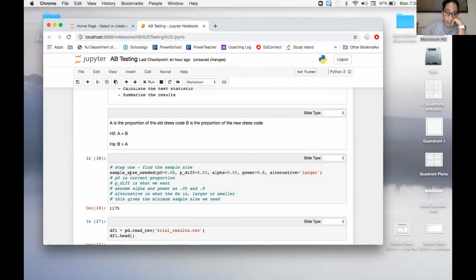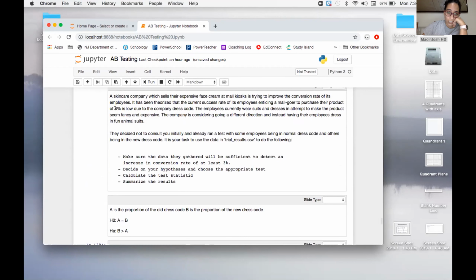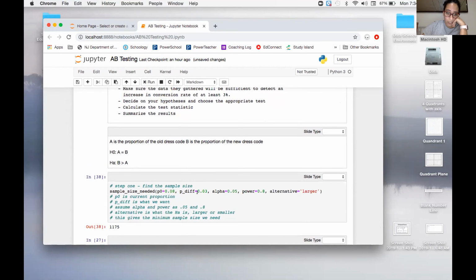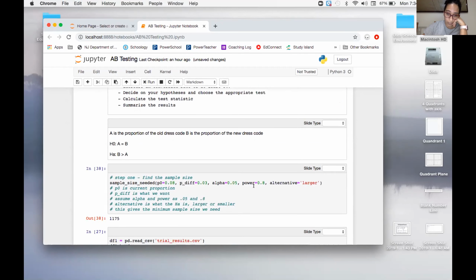So using what was given to us before, P0 is our current proportion, which we want as 8%. The P difference is at least 3%, and our alpha and power we assume is the same as 0.05 and 0.8.